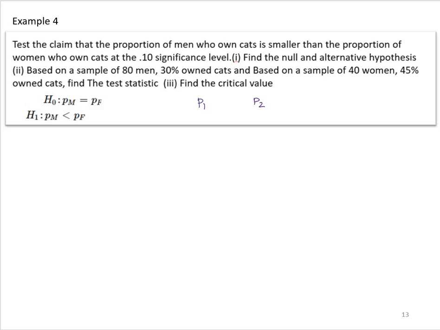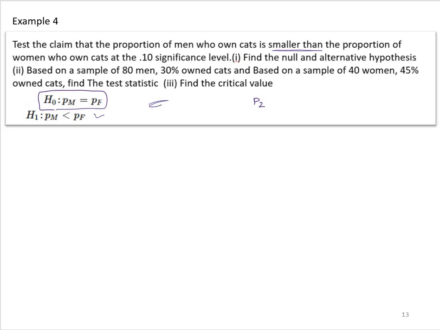And the claim is that, H0, that is the null hypothesis, H0 is PM equal to PF. The proportion of men is equal to the proportion of females, and that is the null hypothesis. And the alternative hypothesis says that H1 is PM less than PF. F means females, or women.